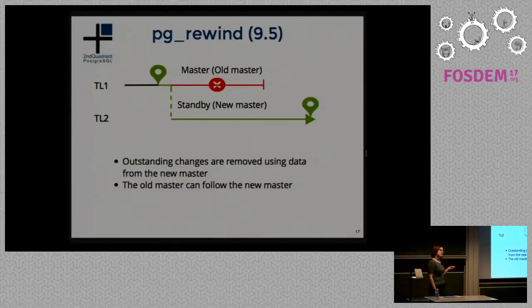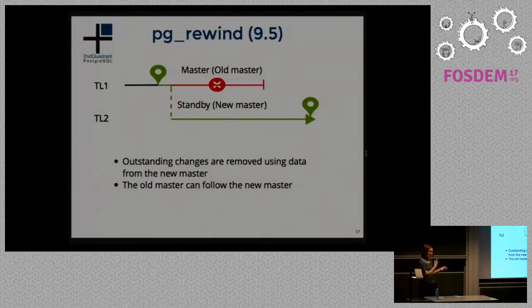The advantage of using pg_rewind compared to pg_basebackup or some other copying method is that, in the usual way, you need to copy everything, even if it didn't change. So pg_rewind only looks for the changed ones. Let's say you have a very big database with proportionally small changes. You don't need to go through all the unchanged files; it just finds the changed files. So then you will save time.